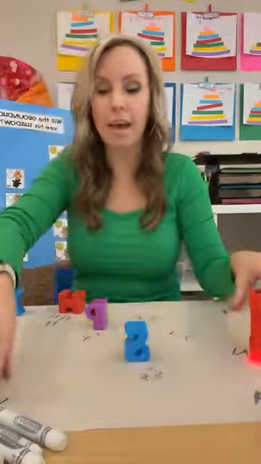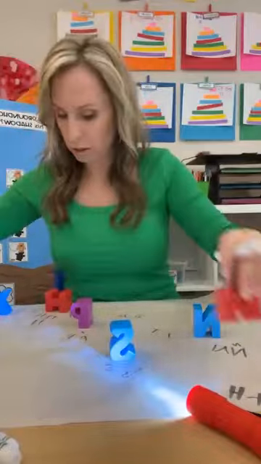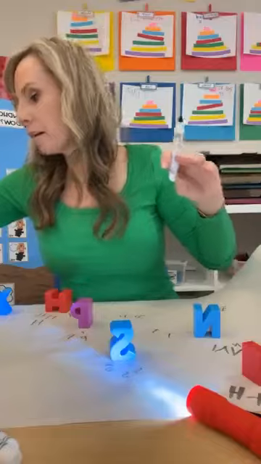And then P, and then H, and they can make the H. A bunch of kids can do this because you don't have to have just one little friend doing it at a time. You can just have all the letters out everywhere.